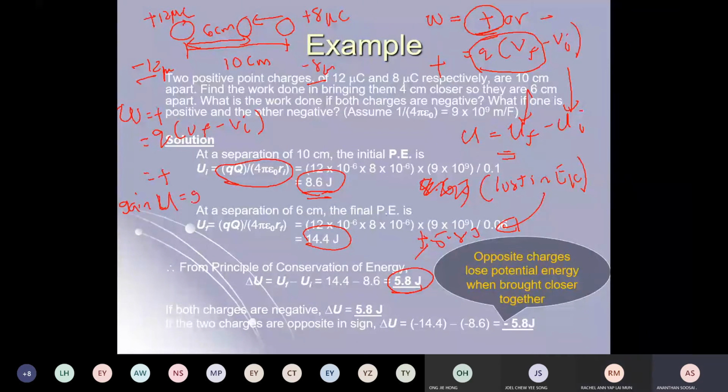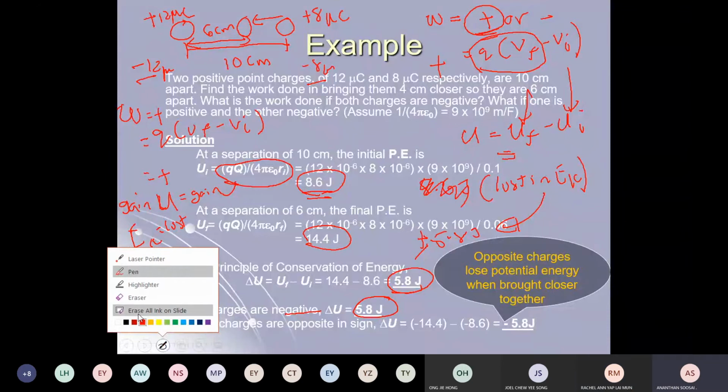It will be a gain. You'll gain potential, and the kinetic energy will be lost. So that's the answer here. If both charges are negative, the gain in potential is still 5.8 joule, still positive. The work done is positive. So no changes if both are negative charges.